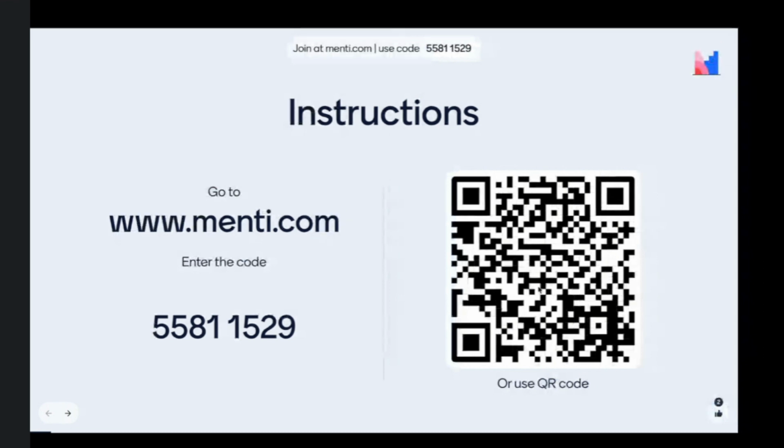So it will be a light case today and a light presentation. First of all, you can just type www.menti.com and then enter the code so that you can vote, because we will have some quizzes.